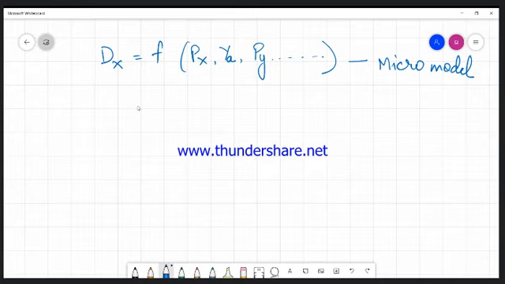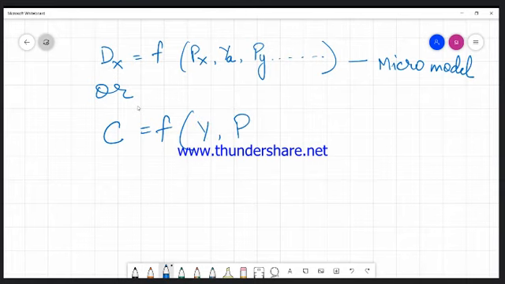But now what are you saying? C is a function of Y, P, all the prices. It includes the price of X and Y both, and at the economy level, not in Allahabad, not in Mumbai separately, but you are taking all the prices together.